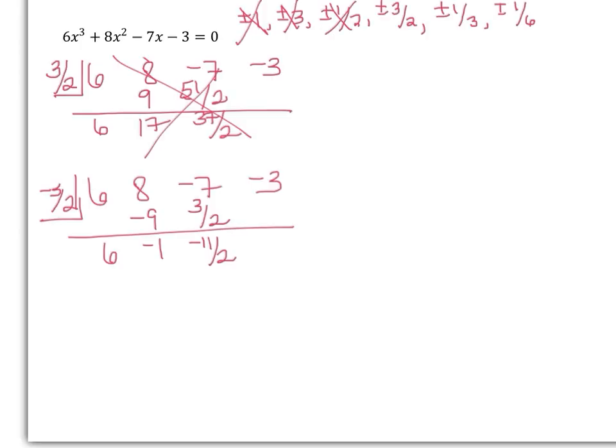So I can just eliminate 3/2. And then again, 11/2 times 3/2 is not going to give me +3. So we'll keep going with +1/3.